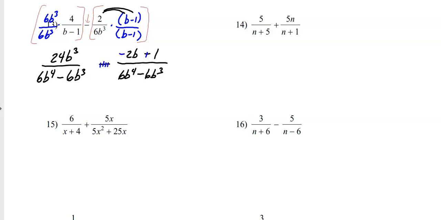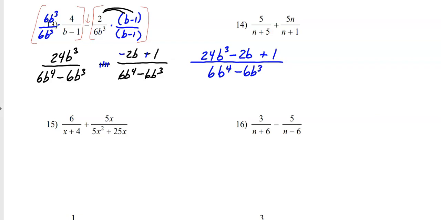I can just combine like terms on the top, which will give me 24b to the third minus 2b plus 1 all over 6b to the fourth minus 6b to the third.